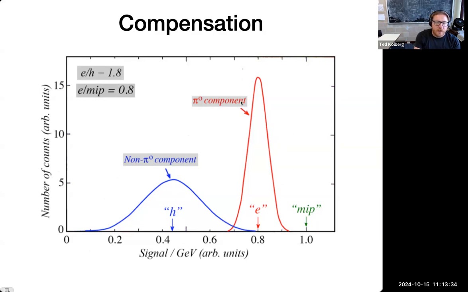You then have the electromagnetic component, which again in hadronic showers is related to the fraction of the energy which is carried by pi zeros. But you can model that, for example, in a test beam by firing electrons into your detector. Electrons are easy to produce a well-calibrated beam of because they're charged. And you can use magnets, for example, to make a monochromatic beam of electrons. And so it's easy to calibrate the response of your detector to electrons.